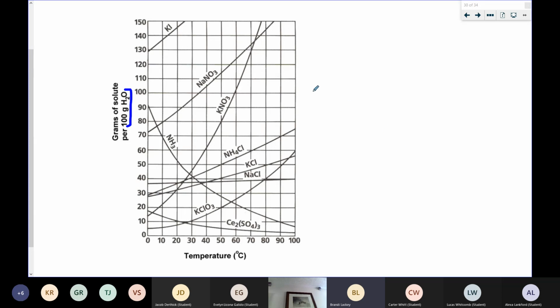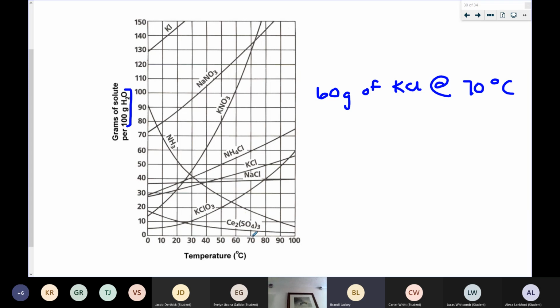So say that we have, let's do 60 grams of KCl at, let's do 70 degrees.